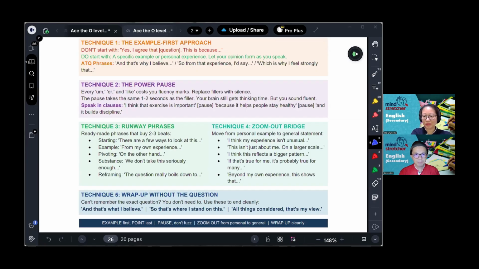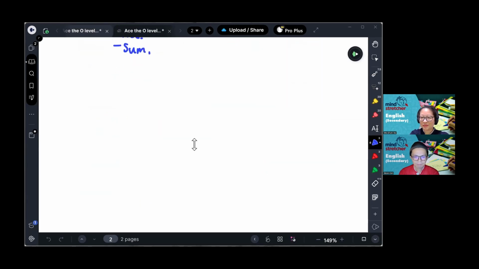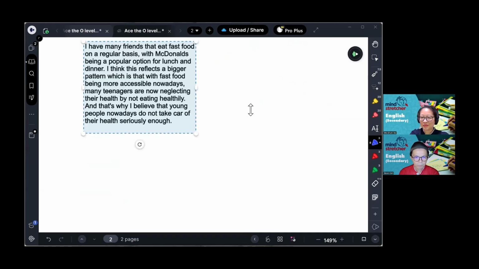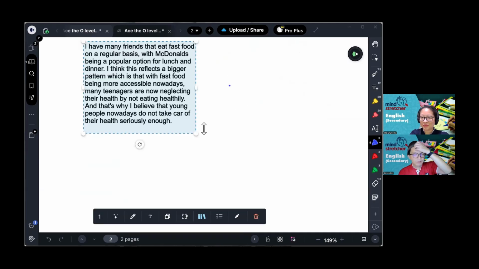Let me demonstrate how to zoom out. Okay, let me copy this first. Let me show you. Okay, so this was the answer given by one of our participants.